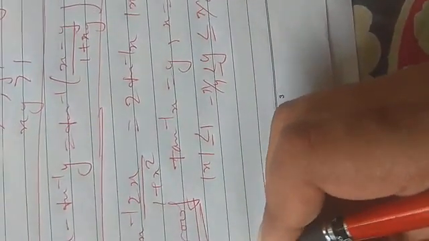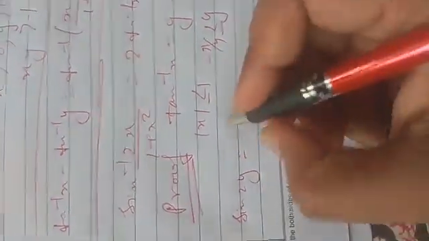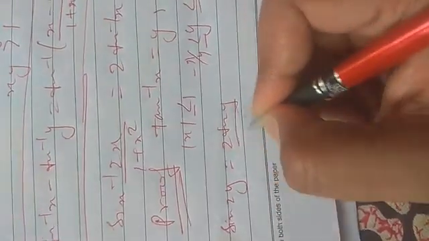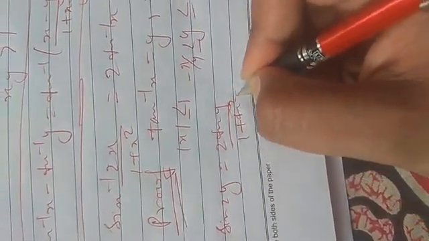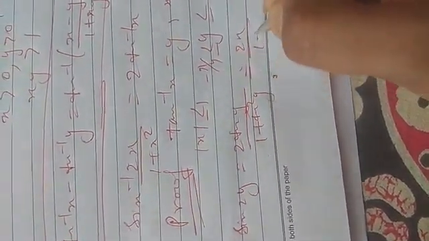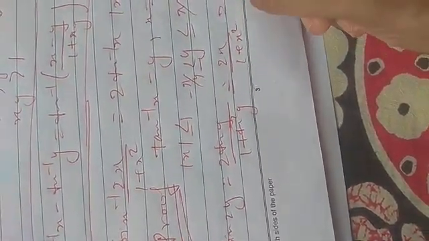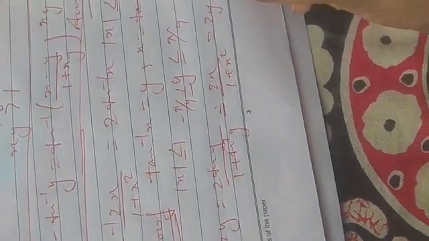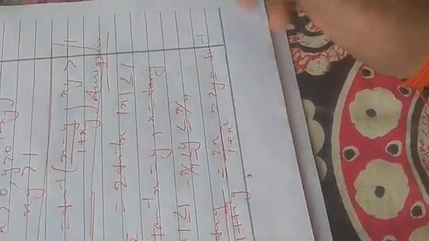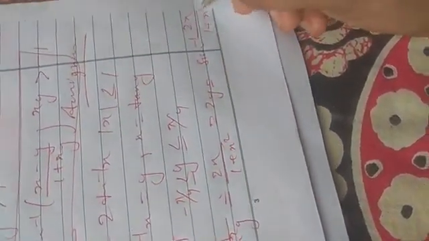Now we have already mentioned tan inverse x equals y and x equals tan y. We will use our term sine inverse 2x using the formula of sine 2y. Sine 2y equals 2 tan y upon 1 plus tan square y. This can be written as 2x upon 1 plus x square, which implies 2y equals sine inverse (2x upon 1 plus x square) for the above condition.